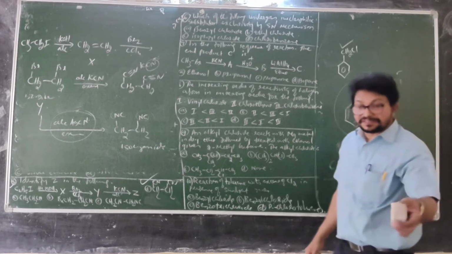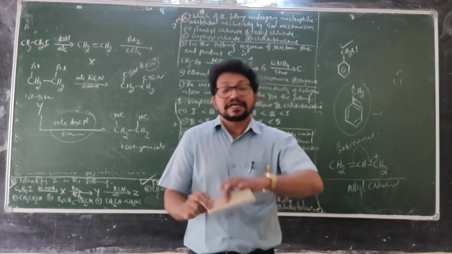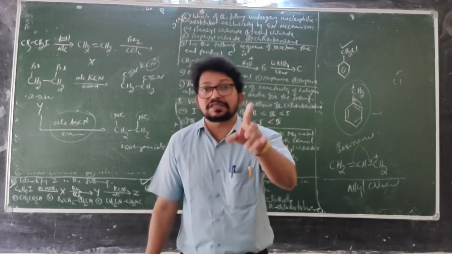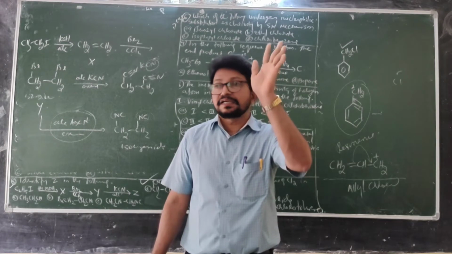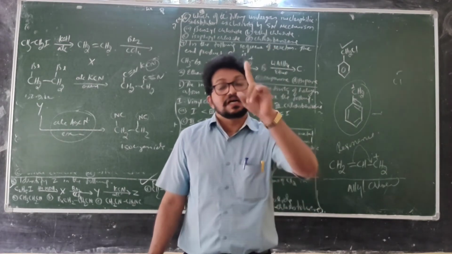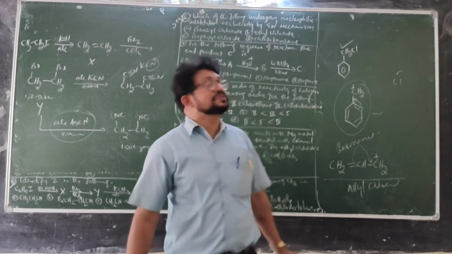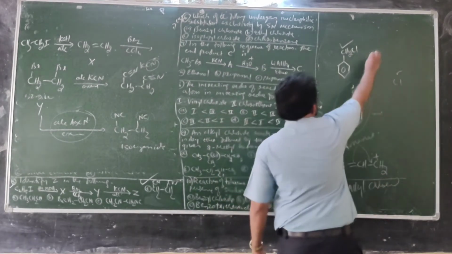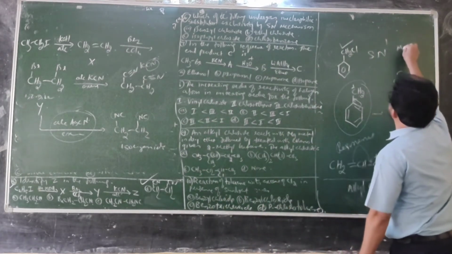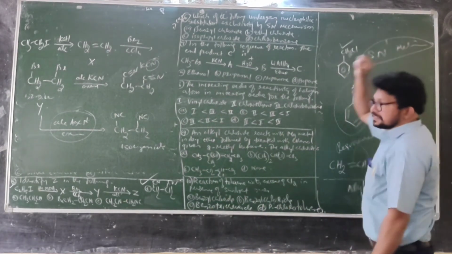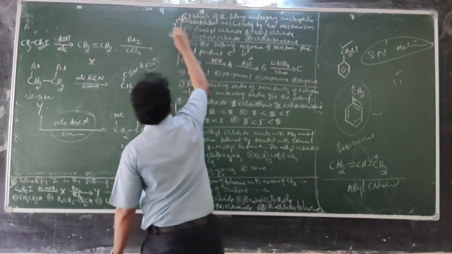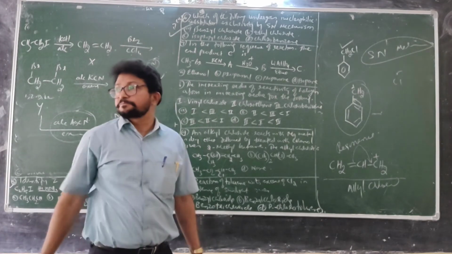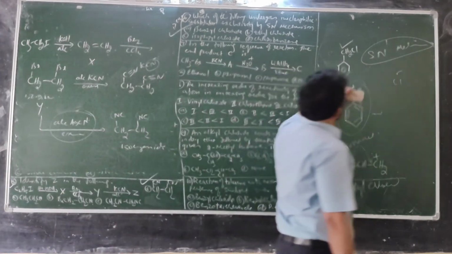So both benzyl and allyl, in spite of having primary halogen atoms, undergo exclusively by the SN1 mechanism. This is the information here. Then the answer is benzyl chloride. Is it okay? Next.